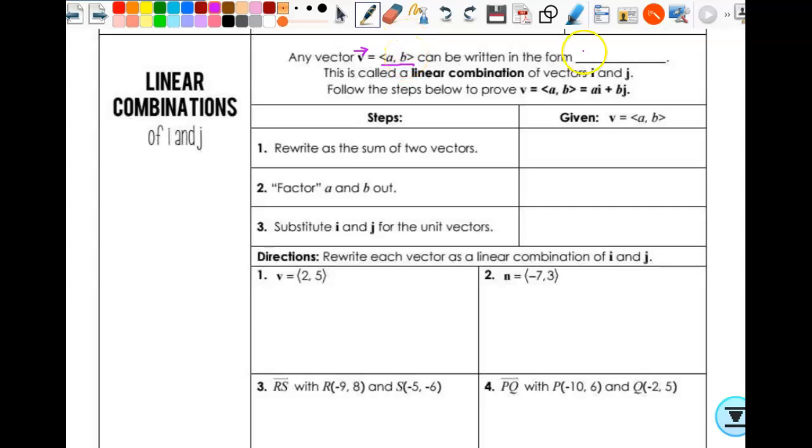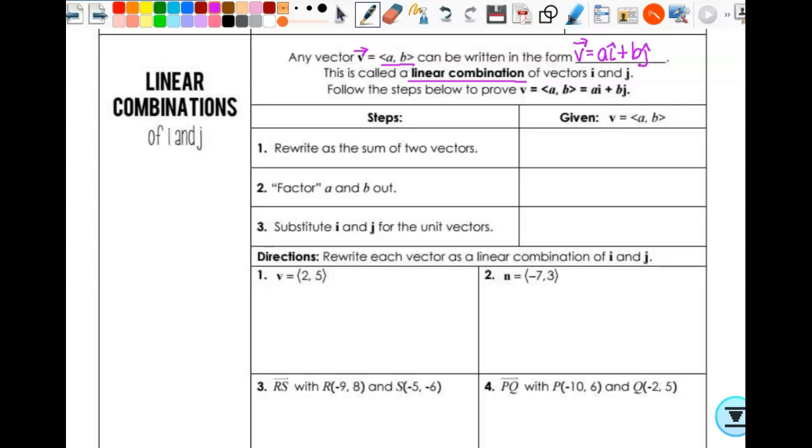And then we could write vector v as a times i hat plus b times j hat. This is called a linear combination. You're adding them, it looks like a linear equation. So we have component form and a linear combination form of vectors i and j.